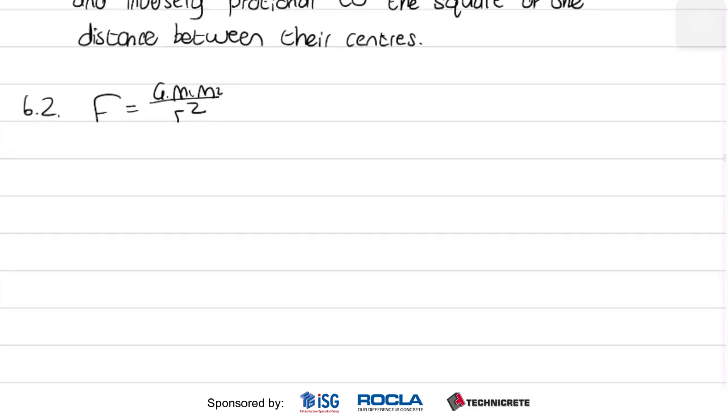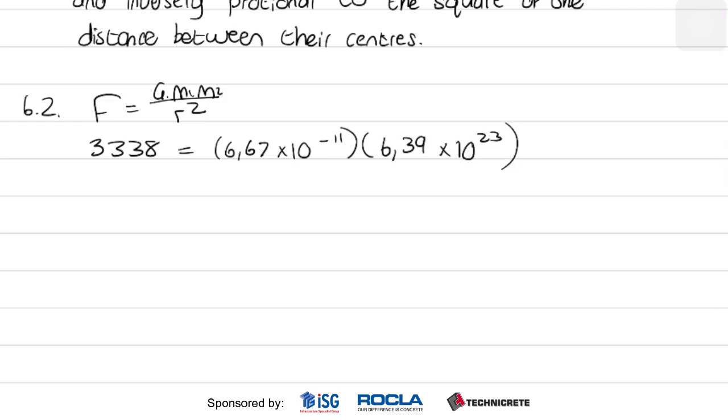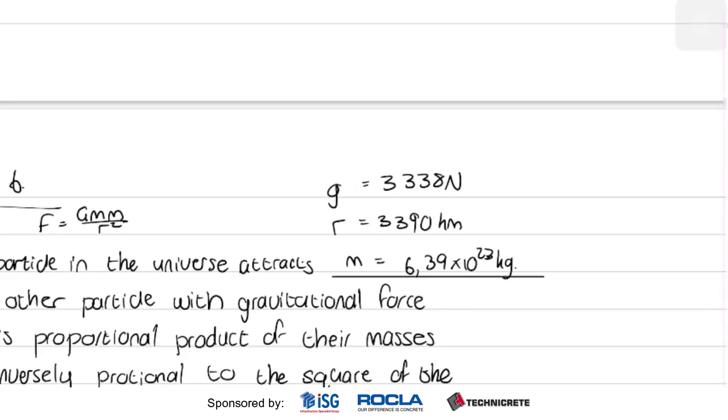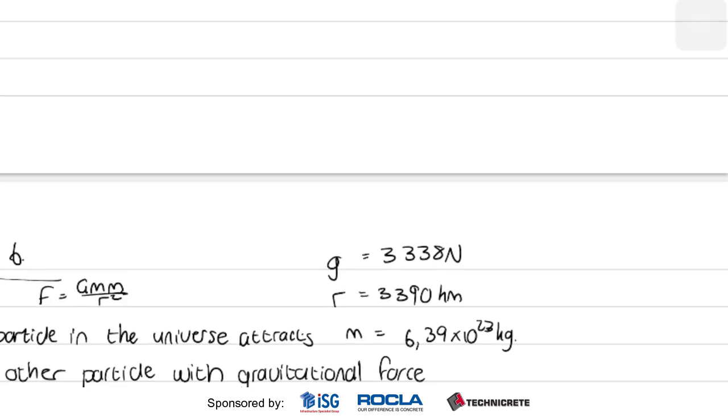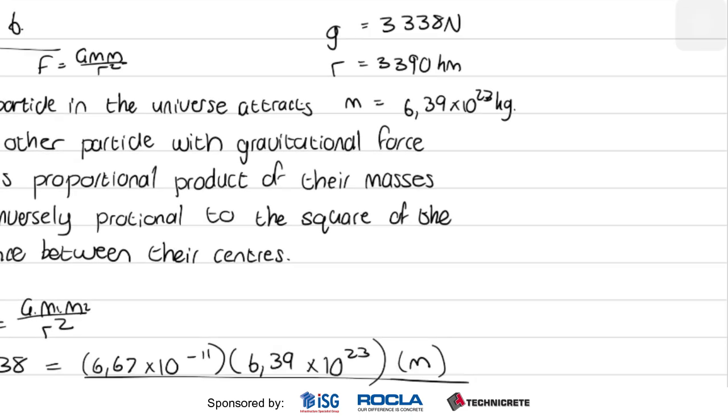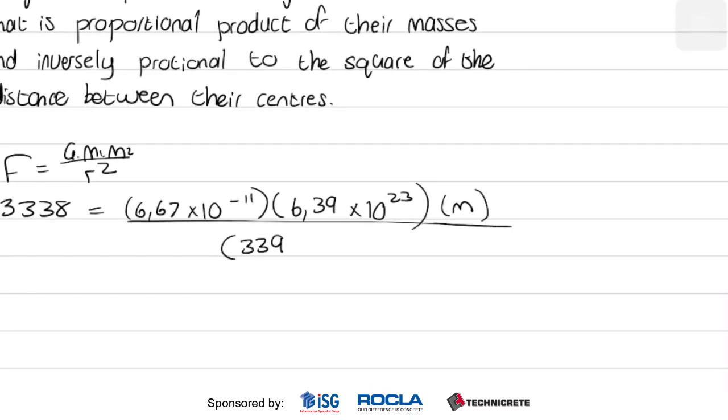So our force, we are told, is 3,338, which will be equal to our 6.67 times 10 to the minus 11, times our 6.39 times 10 to the 23, which is the mass of our planet, and then the mass of the probe, which we are trying to determine. That will all be over the distance between them, which they also told us to be 3,390 times 10 to the 3, squared.